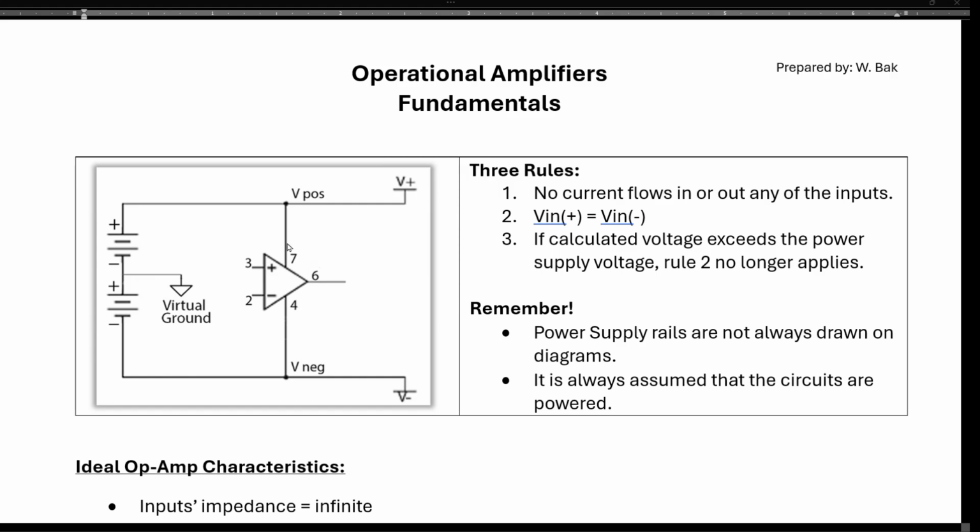Right? So just to make things more clear visually, quite often those power supply rails are being skipped when drawing the schematics, and I'm repeating myself, but it's always assumed that the power is connected. So when you're assembling the circuit on the breadboard, yes, you have to connect the power.